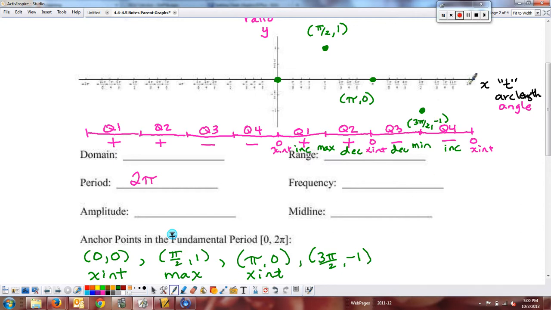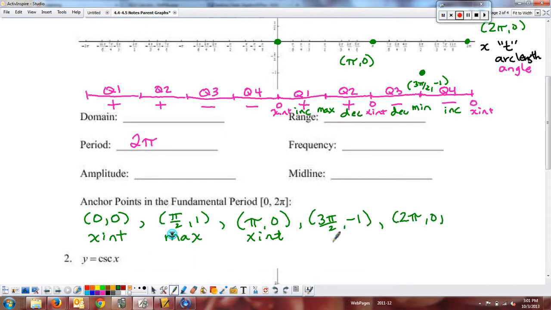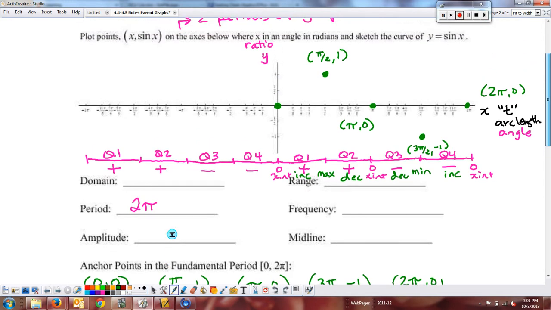And then I'm going to increase back through this quadrant until I get to my x-intercept at 2 pi, 0. So we'll label that, 2 pi, 0. And that pretty much is going to be our key points. This was a min, back to an x-intercept, because what happens after that? The pattern starts to repeat.